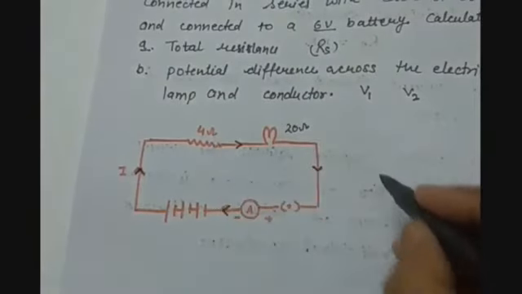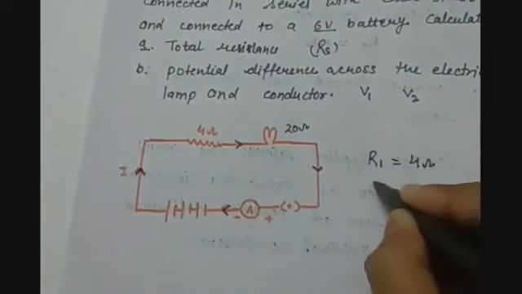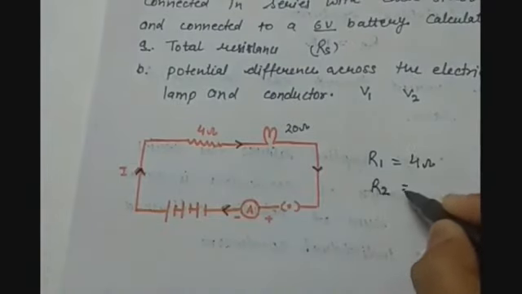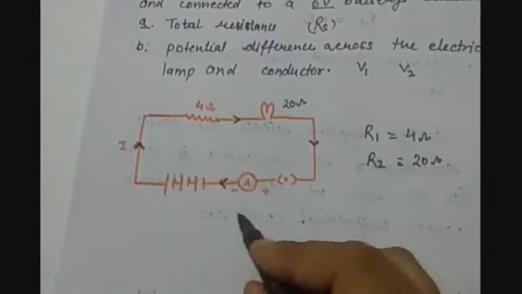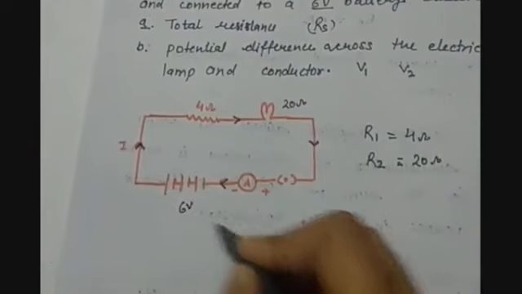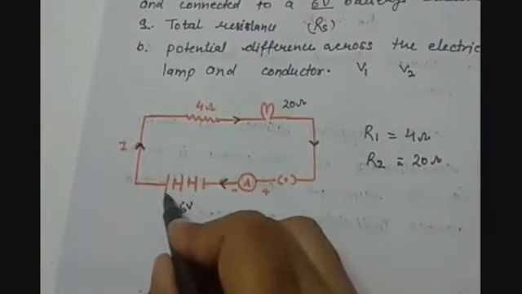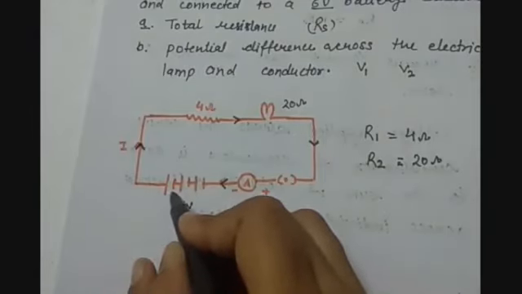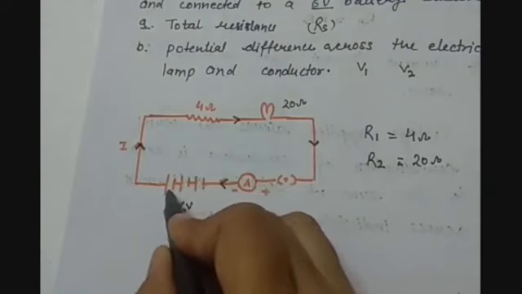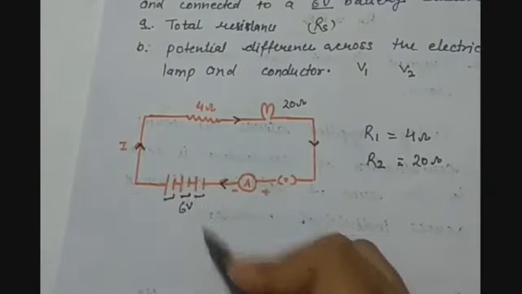So here we have R1 as 4 ohm, R2 which is the electric lamp, or you can take vice versa, 20 ohm. A battery of 6 volt is given. You can also count it from here that each cell is of 2 volt. Generally it is of 2 volt only. So 2, 2 and 2, so it is of 6 volts.